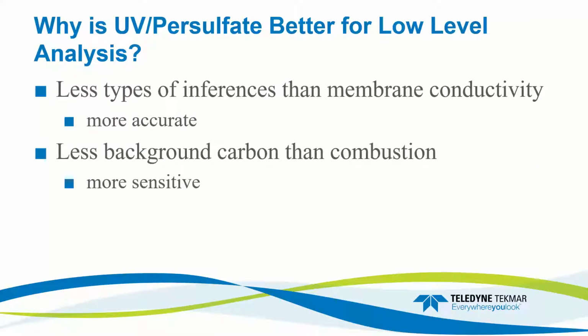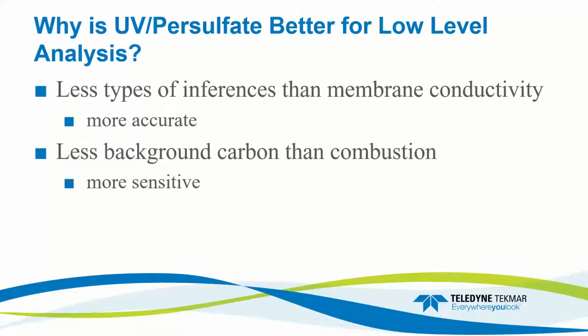Why is UV persulfate better for low-level analysis compared to other techniques out there, such as combustion or other detection capabilities such as membrane conductivity? You get more accurate results, and you have less background than with combustion, so it's more sensitive.